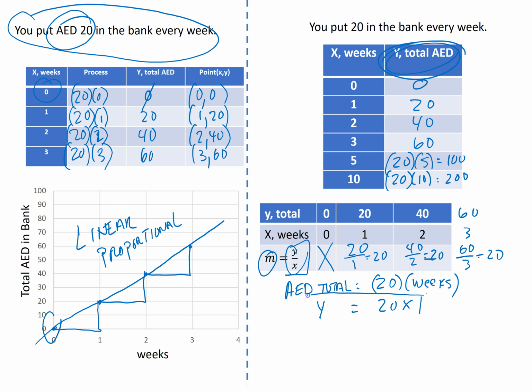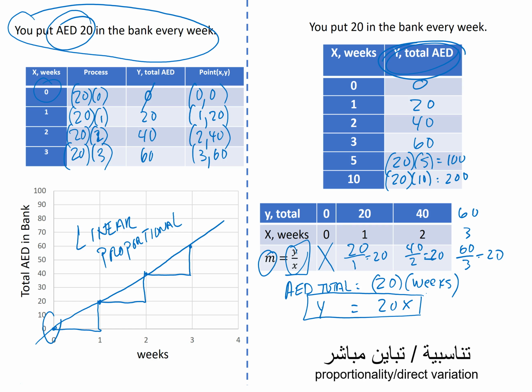So this is my equation for any amount of money in the bank. And this is called my direct variation equation.